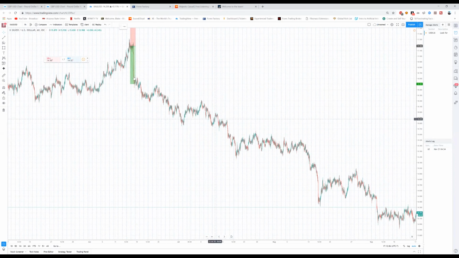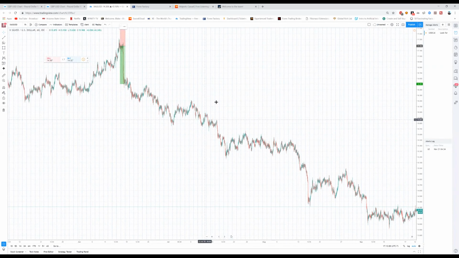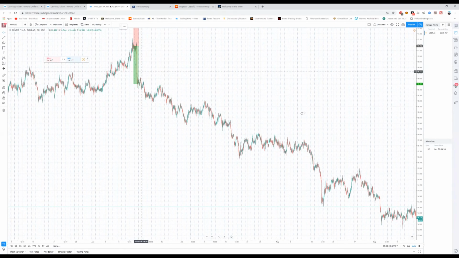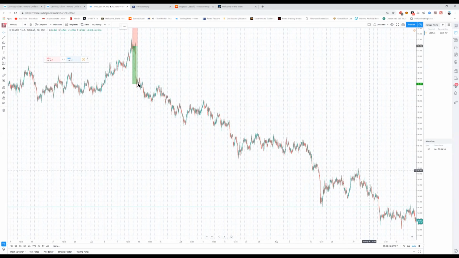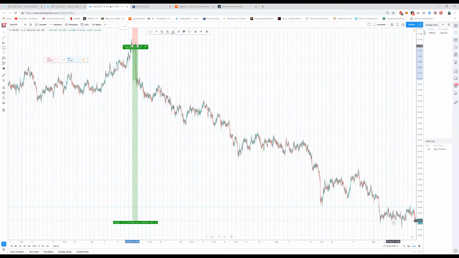So this may have looked like a lot when it was up close and zoomed in, but now, as long as you're a patient enough person, look at this. I mean, this dwarfs this amount now. You could make all the way down to here. That's quite a lot. That's an actual 18% unleveraged movement.